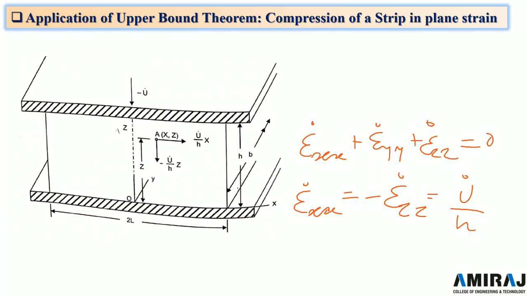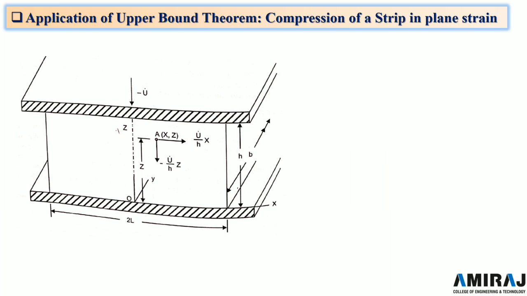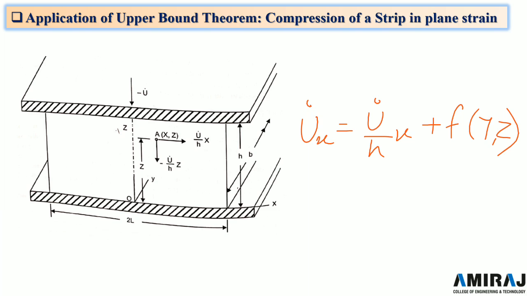So if we integrate the above equation, the particle velocity in the x direction, ux dot, is given by u dot by h x plus f of y and z, where f of y and z is some function of y and z, because we integrate with respect to x, so x will not come here.